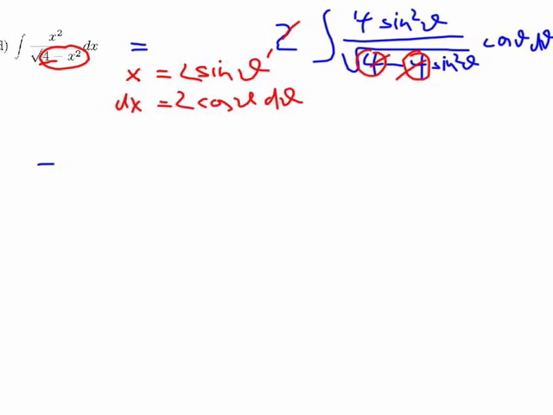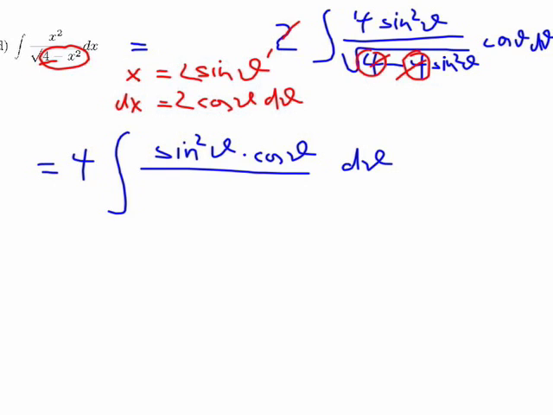Now what happens in the numerator? In the numerator we have a sine squared times the cosine of theta d theta. What happens in the denominator? The denominator now is the square root of 1 minus sine squared. 1 minus sine squared is the cosine square, so this is the same as the square root of the cosine square.